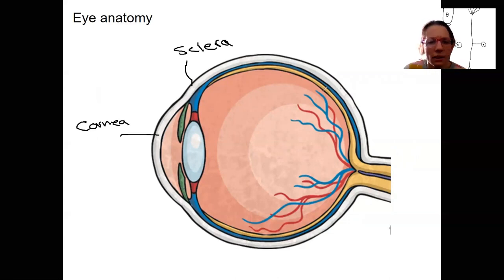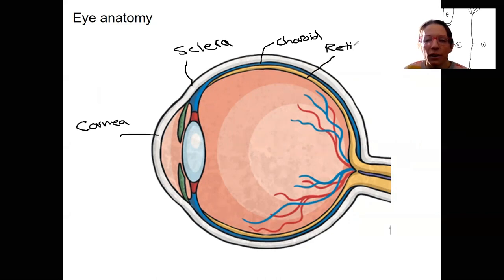The choroid is the next layer in, so that's right here. This is going to provide nutrients to the eye. And then underneath that, we've got our most important layer, our retina.